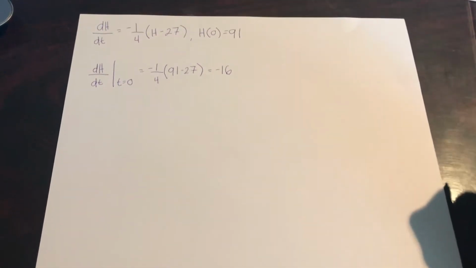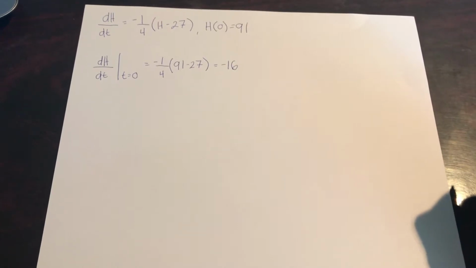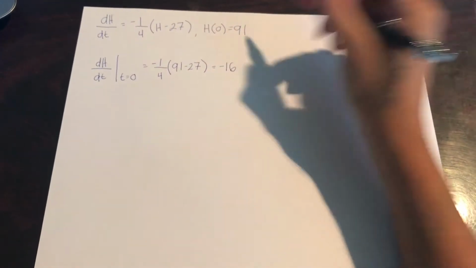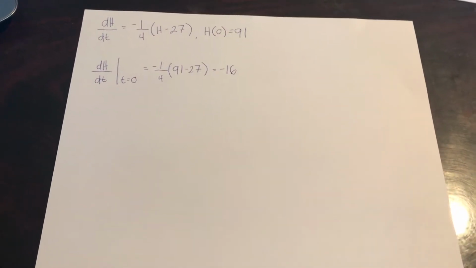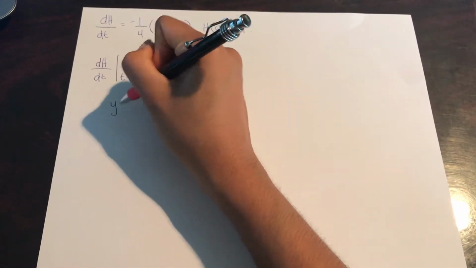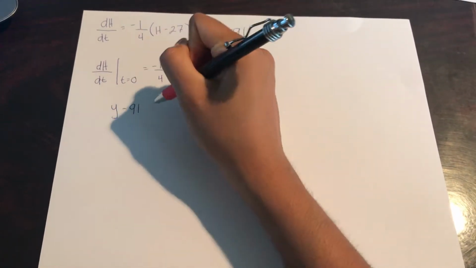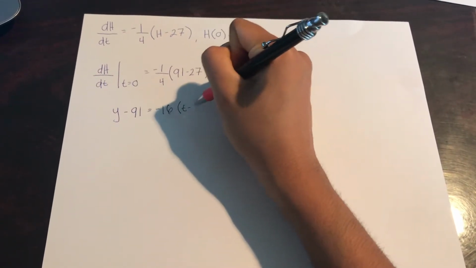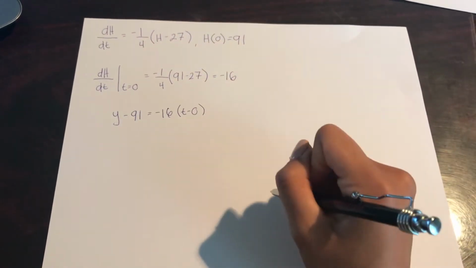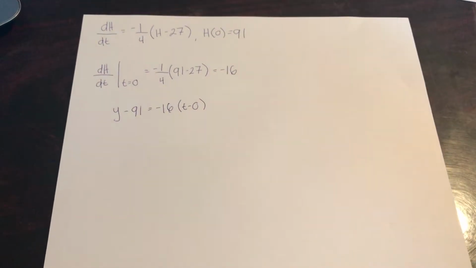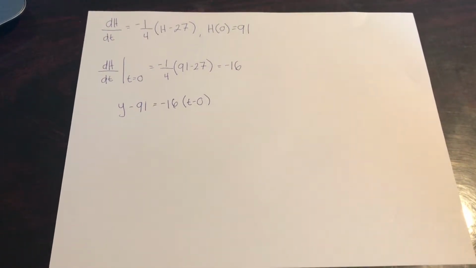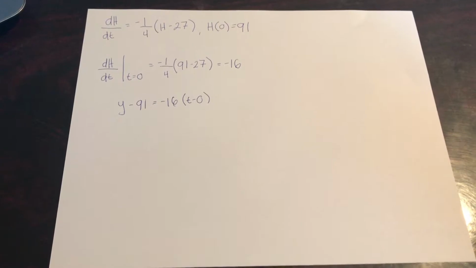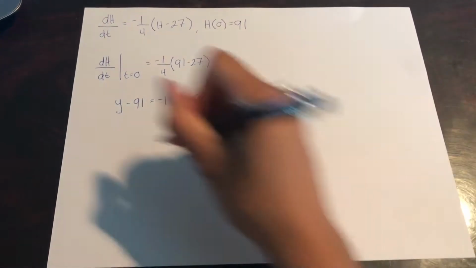So now that you have your slope and the point, you could put this into point slope form, and you are going to get y minus 91 is equal to negative 16 times t minus 0. So the other part of the question asks to use this equation to approximate the internal temperature of the potato at time t is equal to 3.